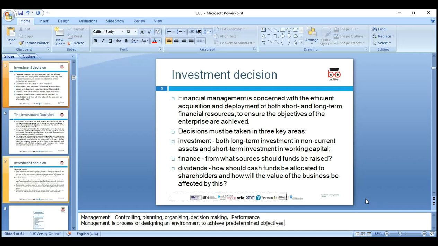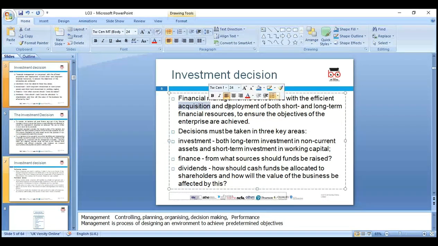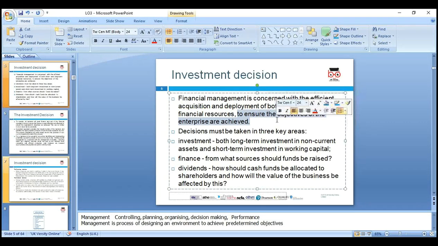Management is a process, so you have to design an environment, lay out your infrastructure, to achieve your predetermined objective from various alternatives, deciding how you deploy your resources. So financial management is concerned with the efficient acquisition and deployment of both short-term and long-term financial resources to ensure the objectives of the enterprise are achieved. So we are looking at it in terms of the financial.